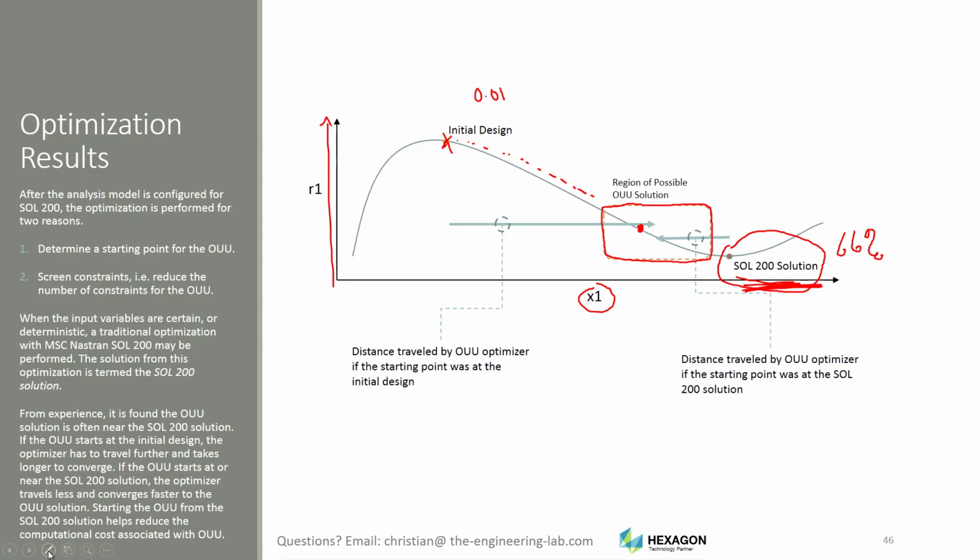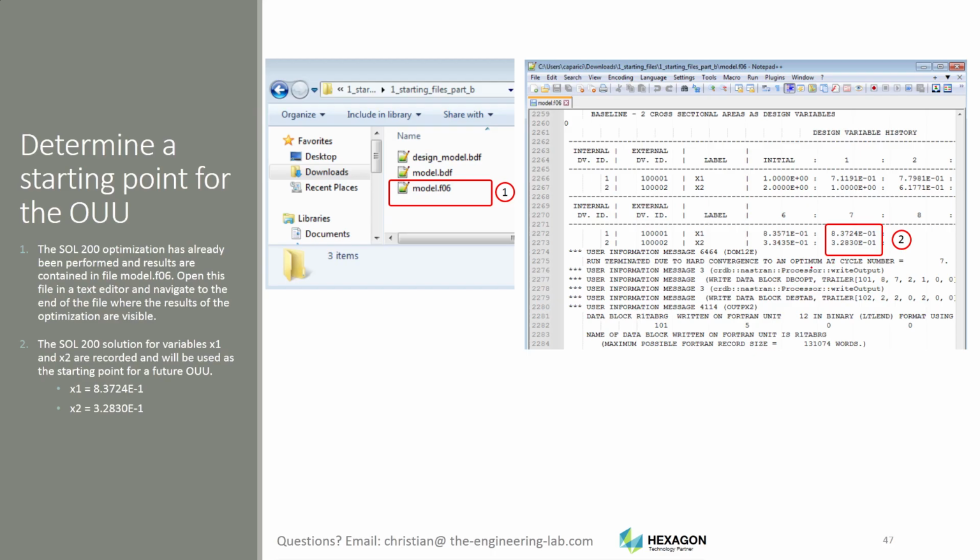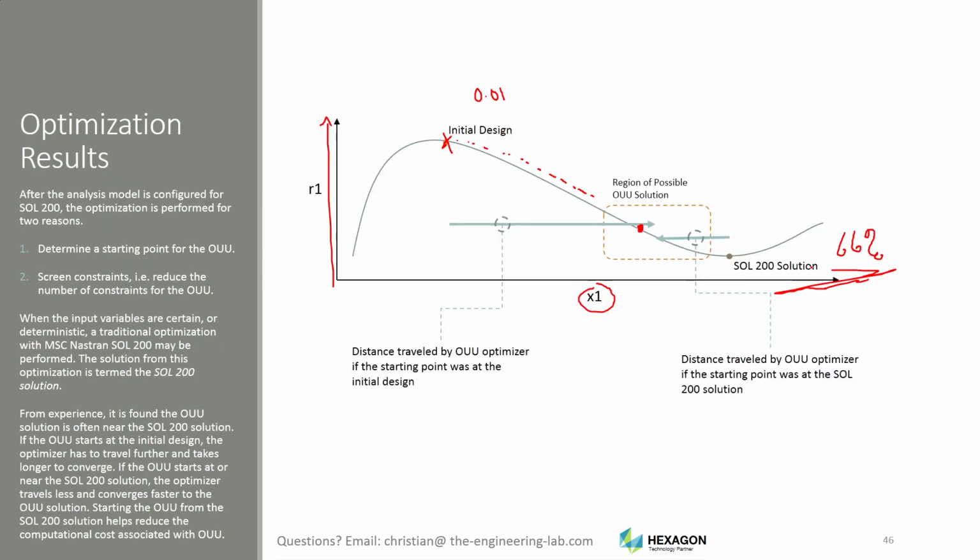Now, a problem with this is that the probability of failure for the initial Sol 200 solution is high. In this case, it's 66%. And I know it's 66% because I already did a sampling run. I ran this for maybe 100 or 200 Nastran runs, and I calculated what the probability of failure is.